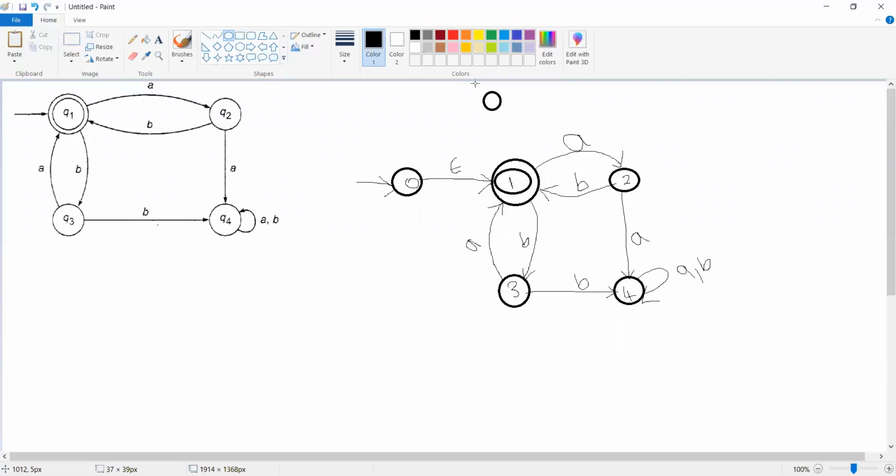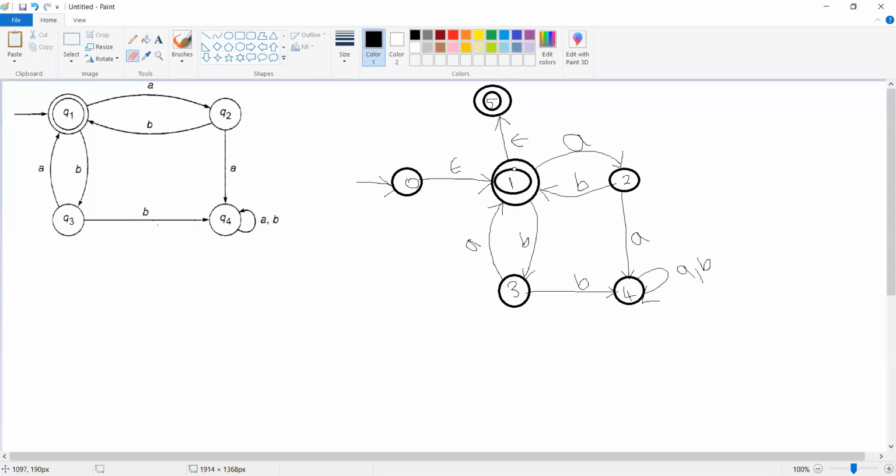The name of that new final state is Q5. From the old final state to the new final state, we need to specify the epsilon transition.